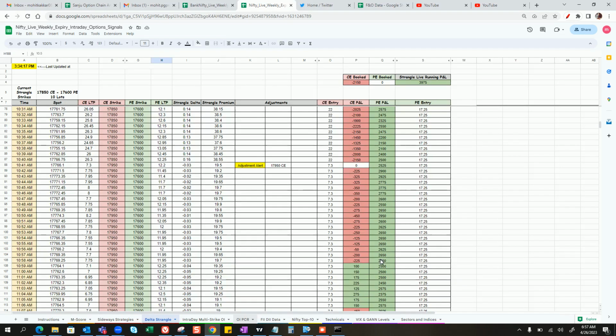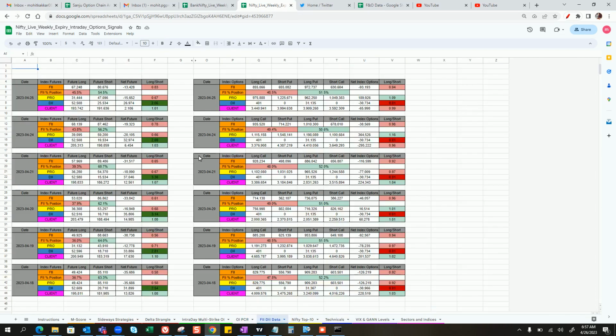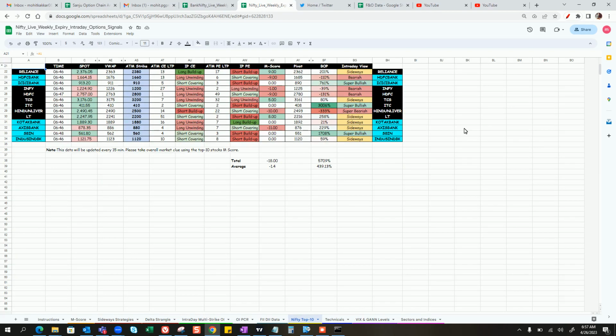Apart from this, there are other good sheets like FII DII data points. This I anyways keep sharing on Twitter and in our groups. Nifty top 10. So you can see this balance of power. ITC yesterday was very strong. HDFC Bank was bearish. SBI was very strong.